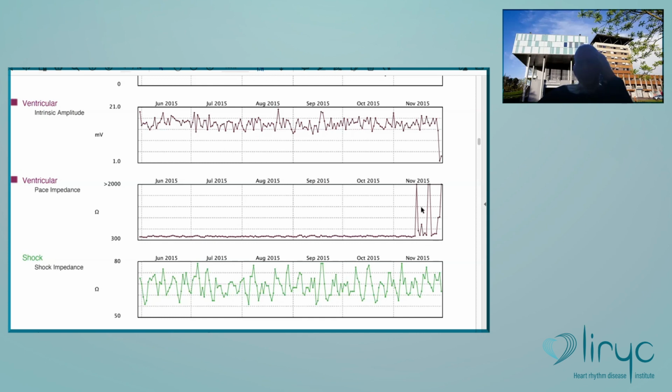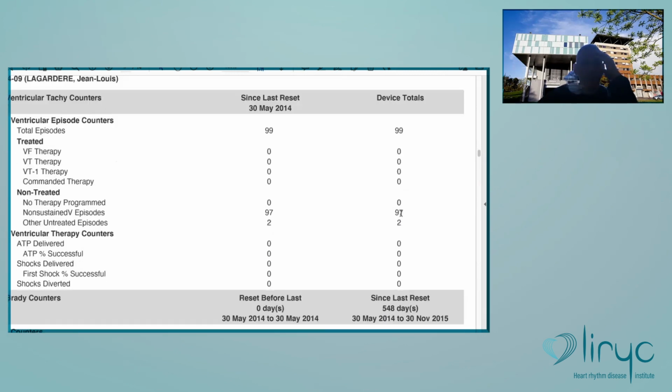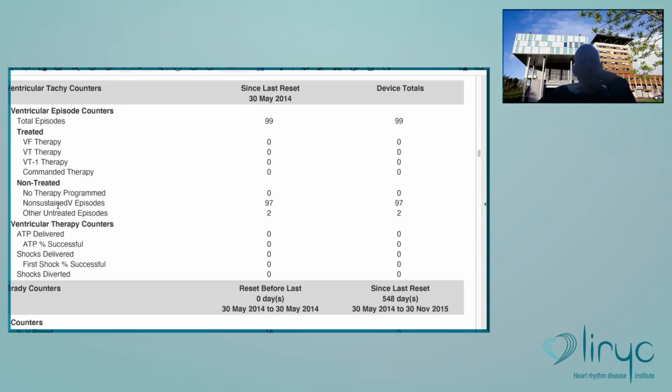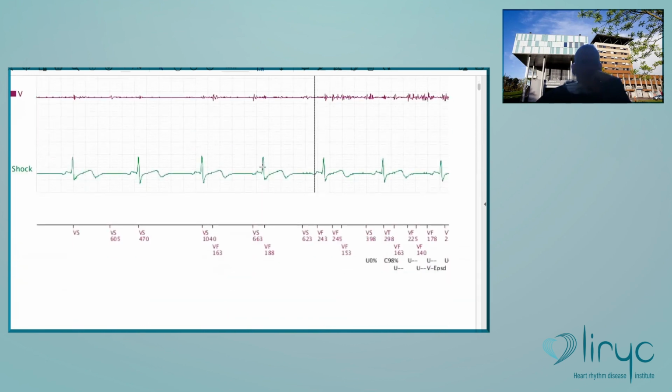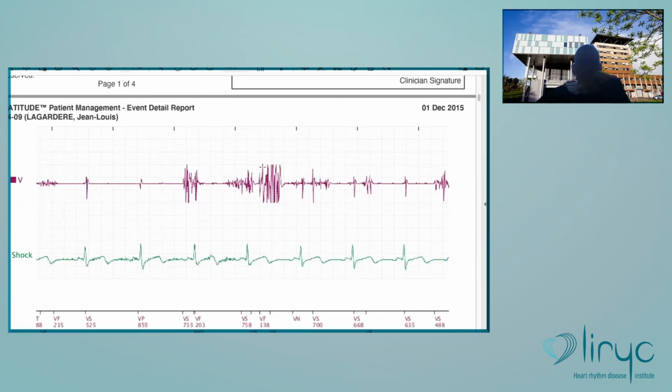So you see both abnormal values, more than 2000, and rapid change in this value. So these are two signs of dysfunction, but also non-sustained ventricular episodes, many on, and before there were none. So you see, in a very short amount of time, many episodes of non-sustained ventricular episodes. And when you look at the tracing of these non-sustained ventricular episodes, you see this.